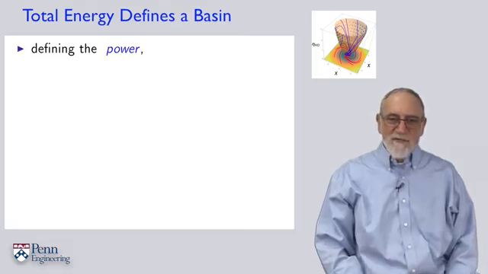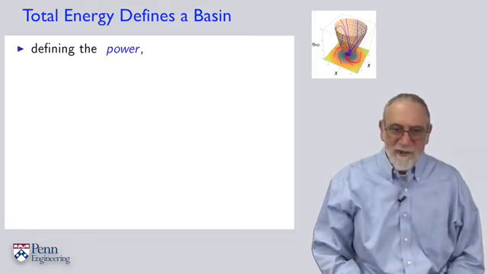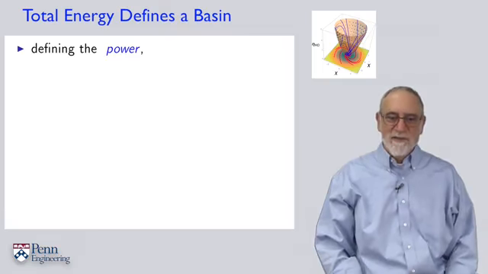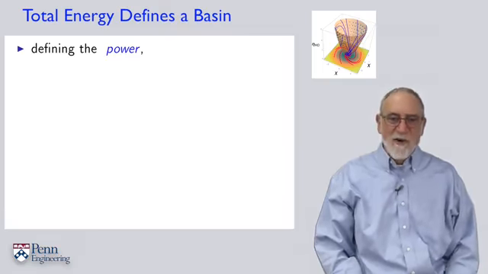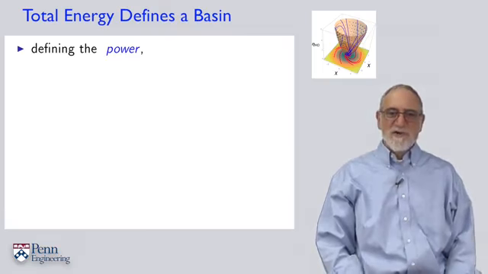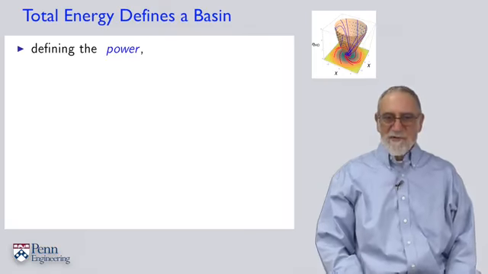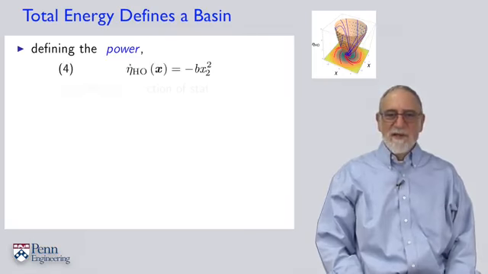The time derivative, eta dot, is in itself an important physical concept. It's the power. The rate of change of energy is called power in physics. And the fact that we've shown that it is always negative gives rise to this basin.